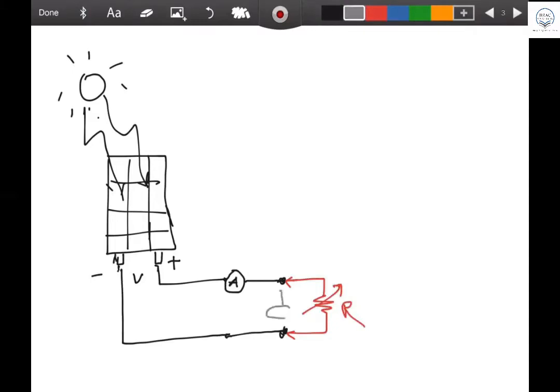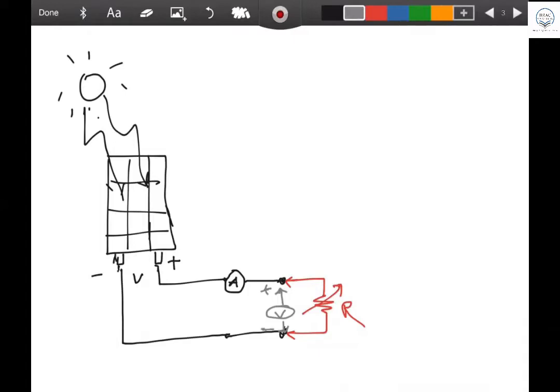This is the voltmeter, you can just take it as a voltmeter, V, and ammeter A. So the voltmeter is measuring the voltage and the ammeter is measuring the current. This is what they are actually doing in the experiment. In those days, long time ago, they did this experiment. Now you can do it at home.